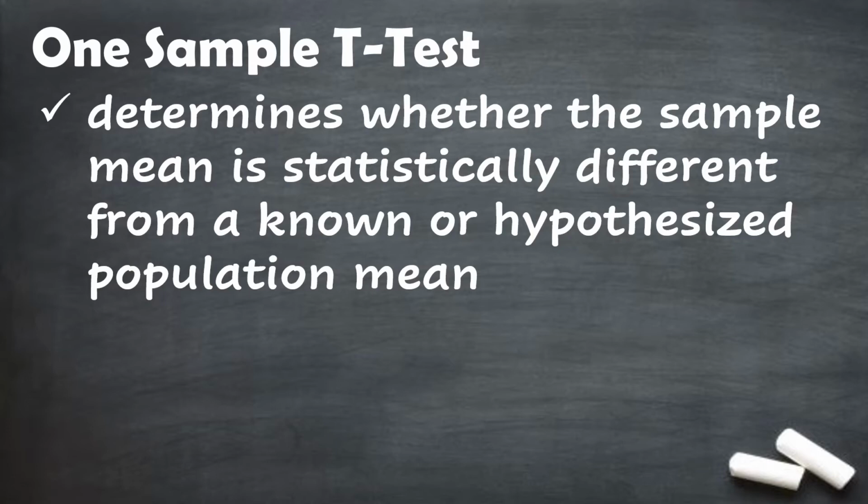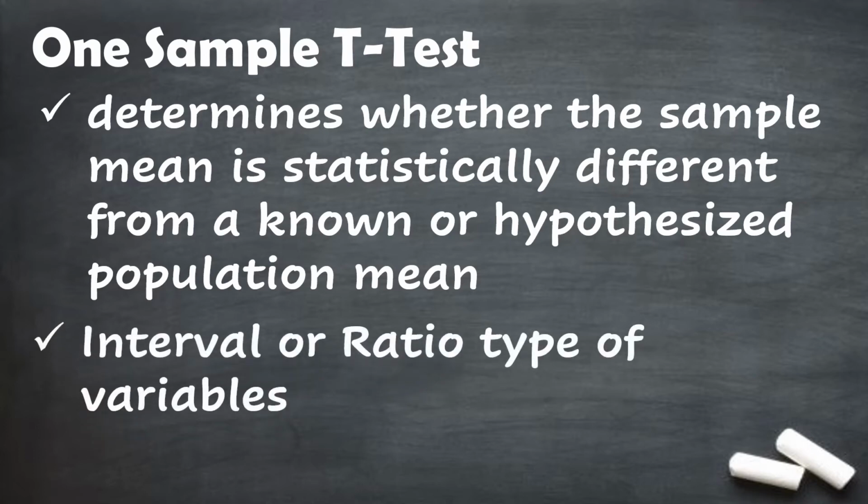For this one, this statistical test is trying to check if the given sample mean is different from the given population mean. So if that is your goal, that you want to check if the sample mean is different from the given population mean, then you have to use one sample t-test.